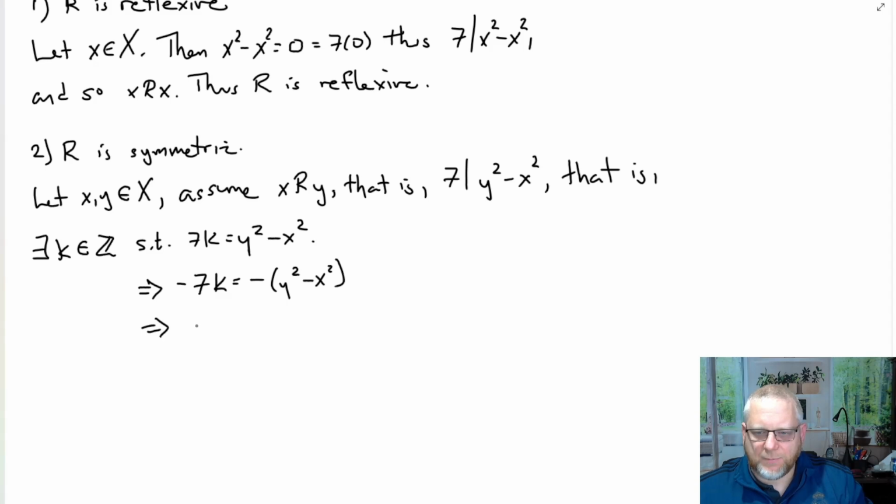I'll show every step here. On the right side, the right side actually becomes x squared minus y squared. What do I do on the left? I want to show that 7 divides this thing, so I want the 7 there, 7 times an integer. What's the integer going to be? -k. Bring the negative inside the brackets. Since k was an integer, -k is an integer. And what I have then is 7 divides x squared minus y squared.